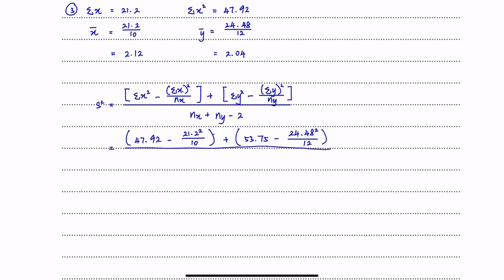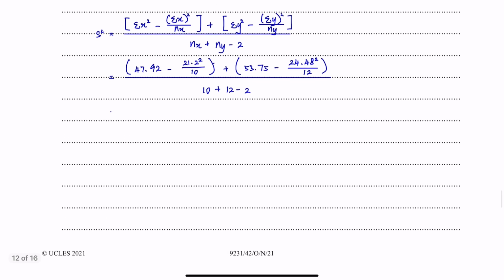This whole thing is divided by 10 plus 12 minus 2. So we would get 0.33934. This is the exact value that we got.